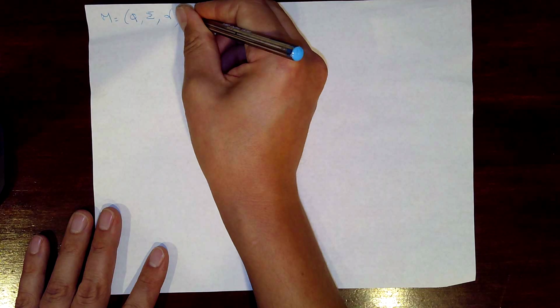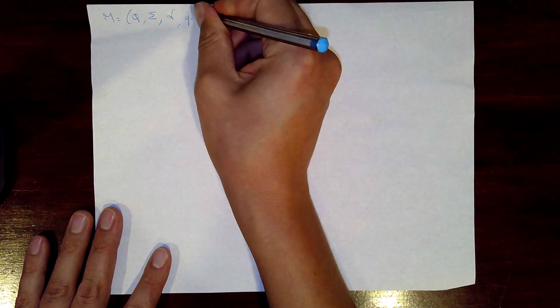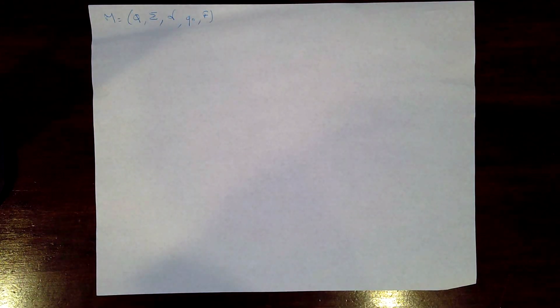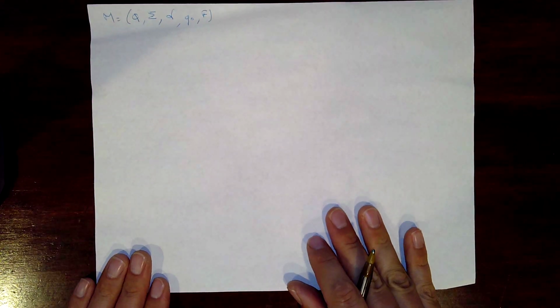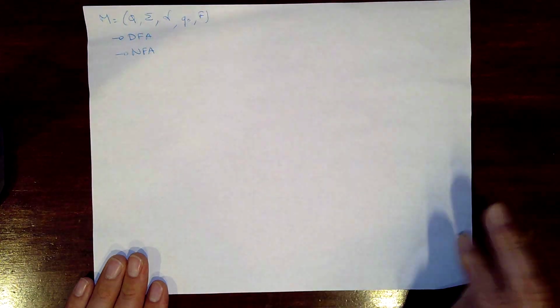You have the transition function delta, the start state, the initial state Q0, and the set of final states or accept states F. First we looked at what we called DFA, deterministic finite automata, and then we looked at NFA, the non-deterministic finite automata.